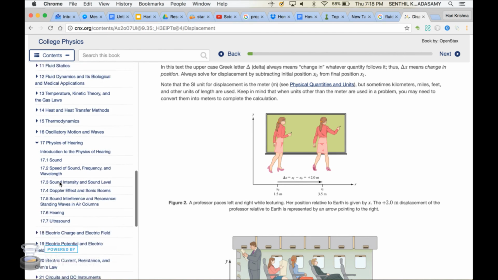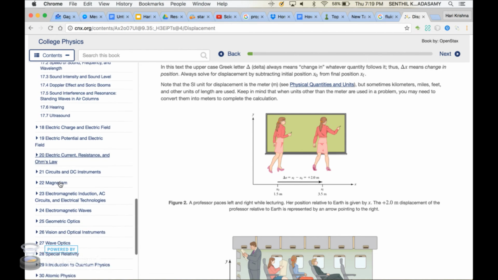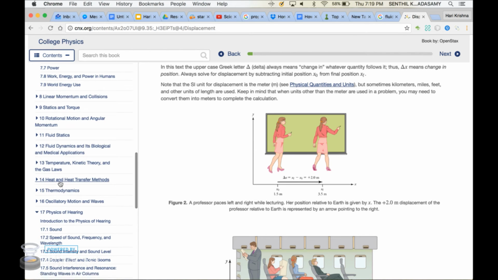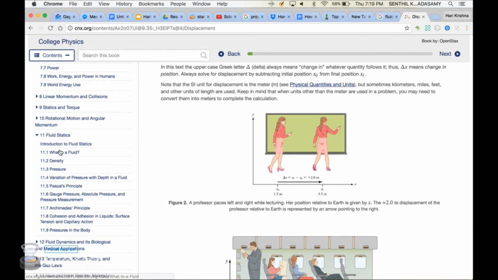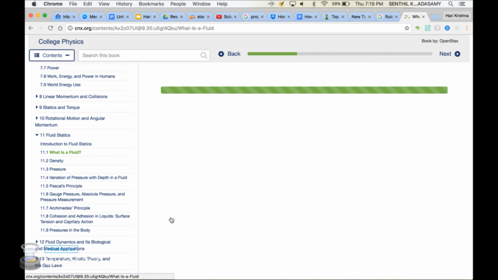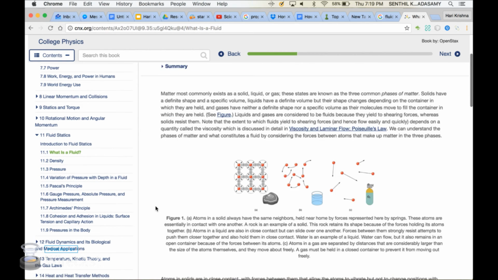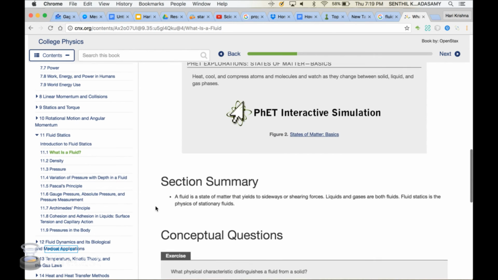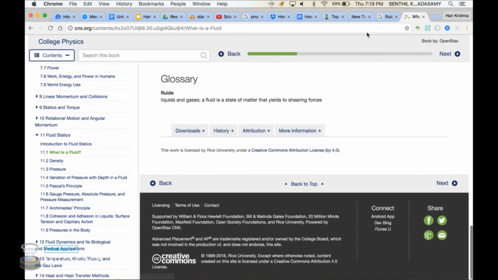You should know fluid mechanics, which I don't believe is in this textbook, there is fluid statics. So okay, there's chapter 11, which talks about fluid mechanics. So you should know density, pressure, but stuff like Bernoulli's principle and Pascal's law are not on this. So you would need to research on your own and figure out what those laws represent.